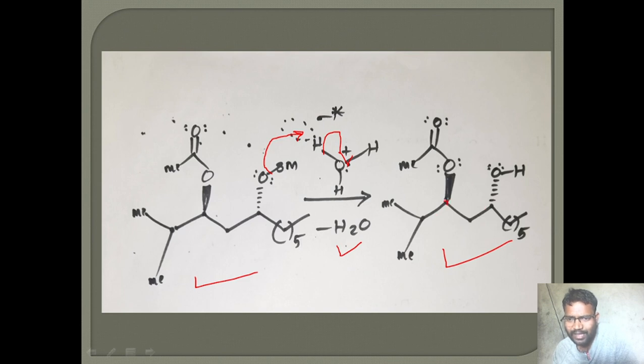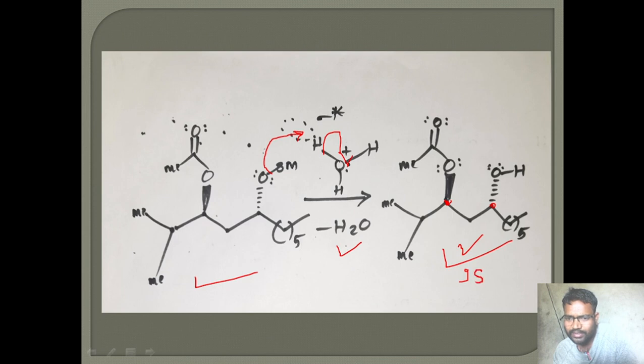This is a chiral center, and this is also a chiral center. So two chiral centers are present here. One more system will form: this is the major one, and another minor product will form in the reaction medium. This is greater than 98% yield.